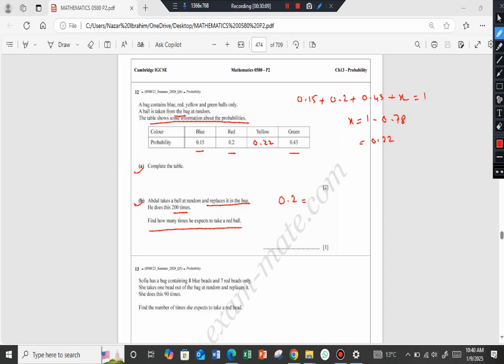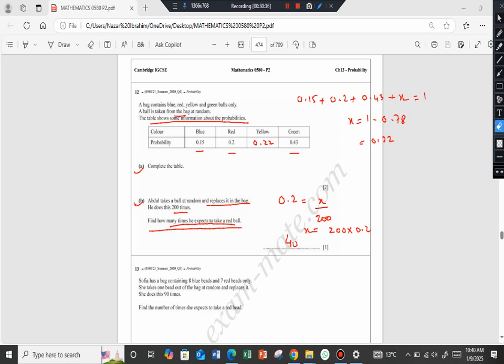The number of times he expects to take a red ball is x, and the total number of times he does this event is 200. So x is equal to 200 multiplied by 0.2, which is 40. So 40 times he can expect to take a red ball out.